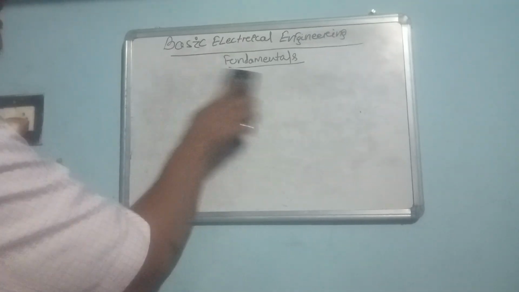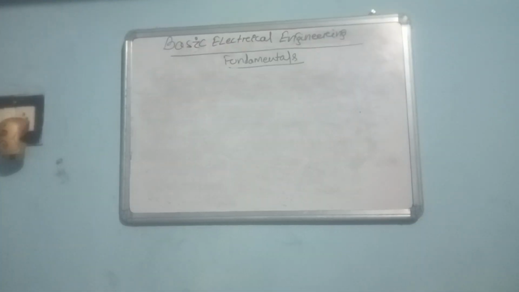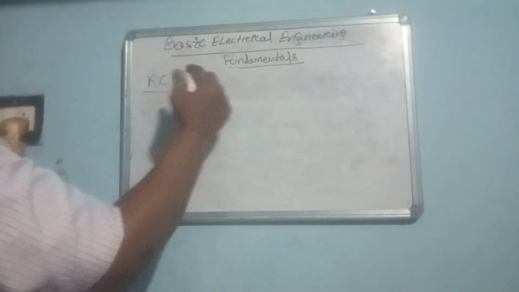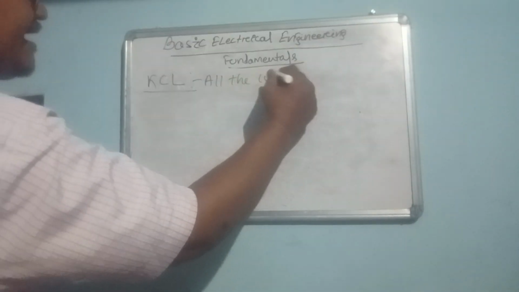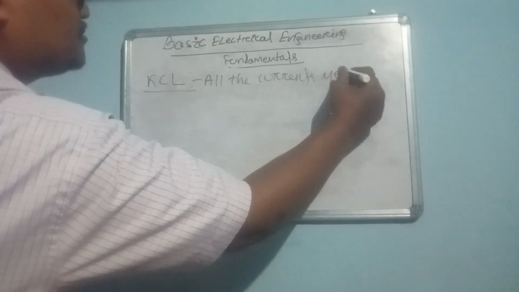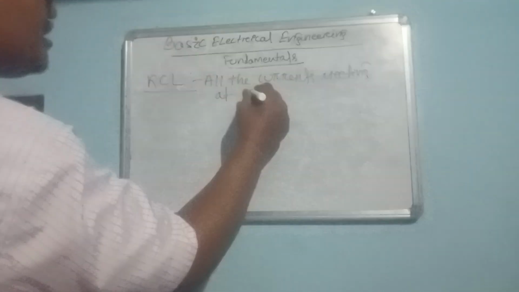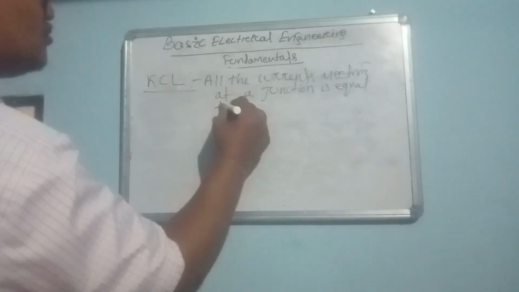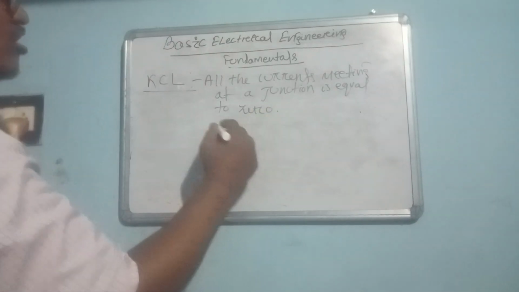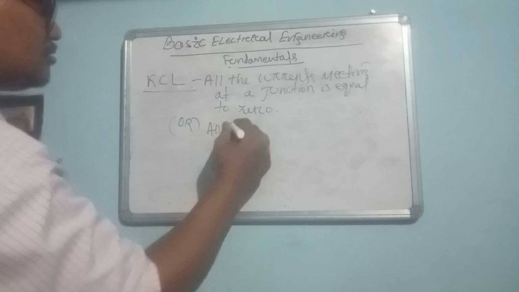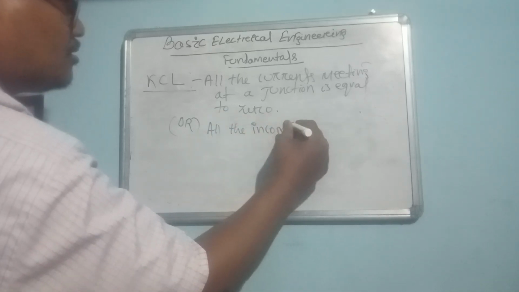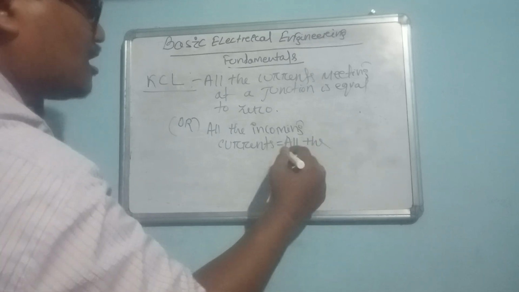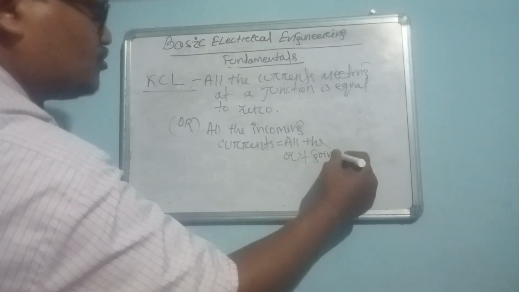Kirchhoff's current law, commonly known as KCL, states that all the currents meeting at a junction is equal to 0, or we can say all the incoming currents is equal to all the outgoing currents.